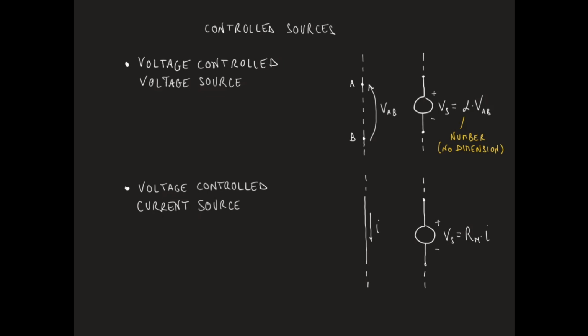The parameter Rm multiplying the current has the dimension of a resistance, and is therefore measured in ohm. Voltage-controlled voltage sources are also identified through their acronym, which is VCVS. The same is true for current-controlled voltage sources, which are also called CCVS.